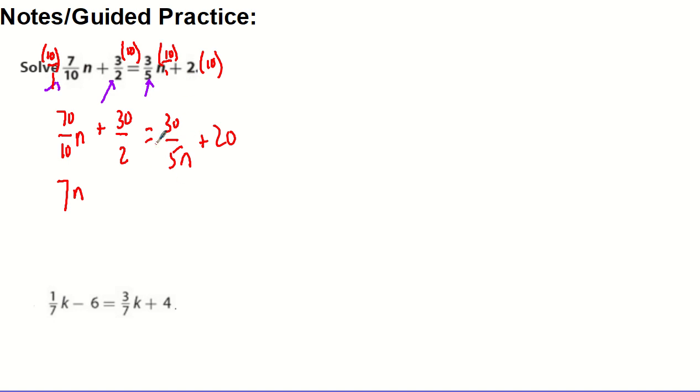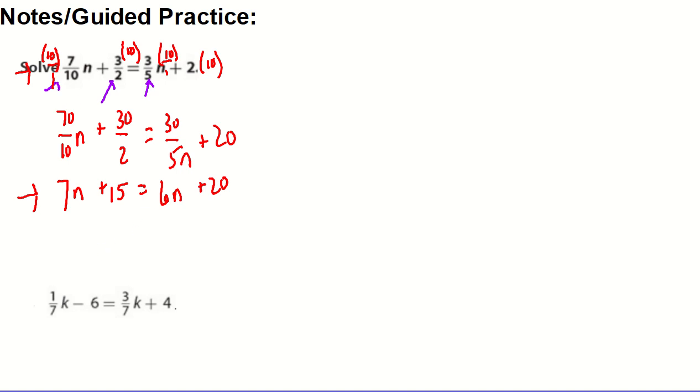So I did change my equation a little bit. But now if I look, 70 over 10 is 7n. 30 over 2 is 15. 30 over 5 is 6. And then I bring down my positive 20 because I don't have to simplify that. So this equation right here is the same thing as this equation. But what I did is I got rid of all of my fractions. They're all gone.